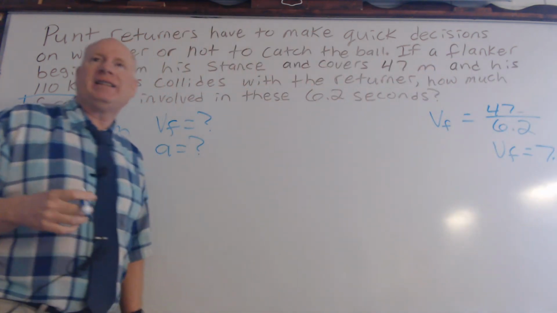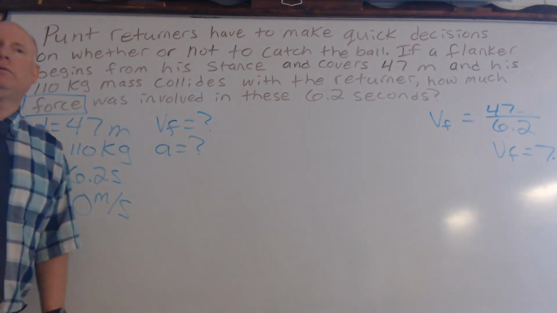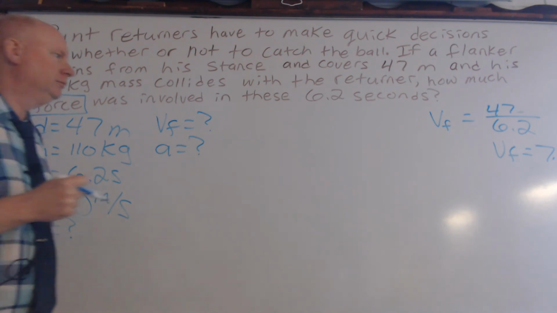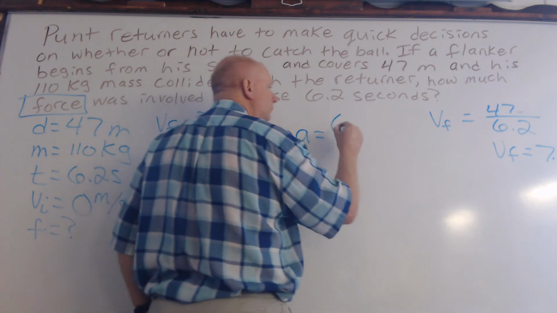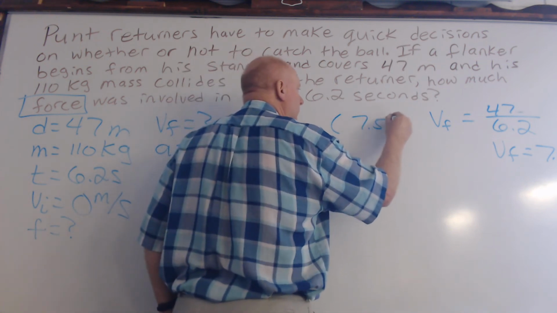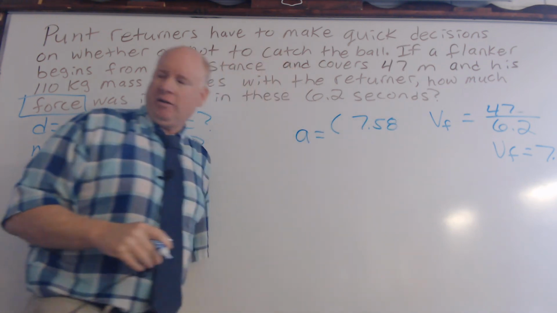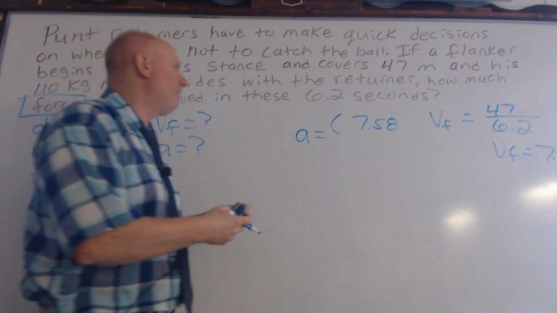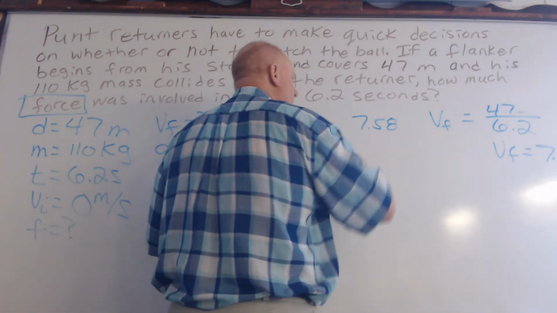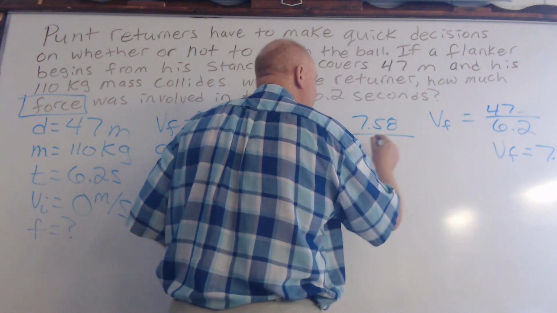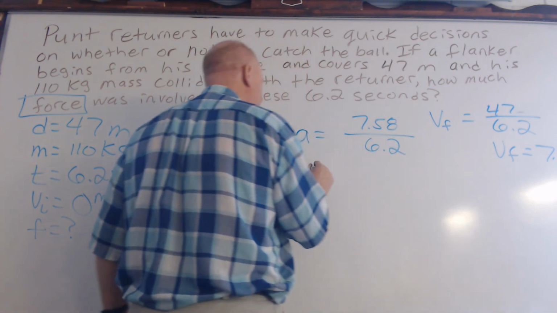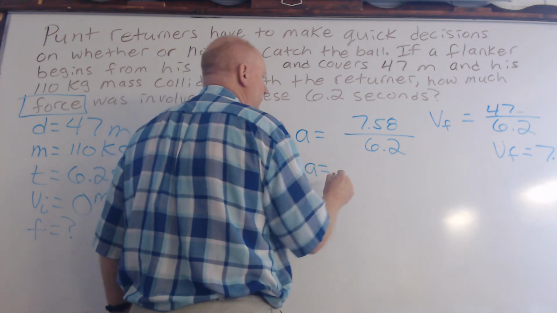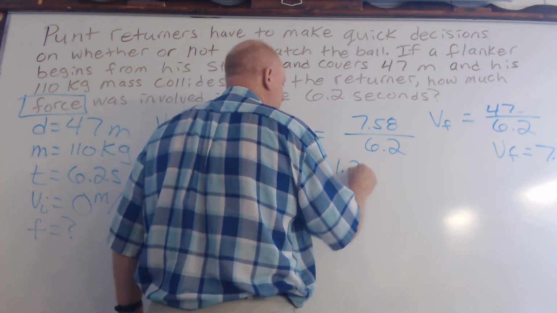So in our next step, it's your final velocity minus initial velocity over time. We don't need to put this in parentheses, do we? Why not? Because anytime you take that away from 0, you're just going to get the same answer. And then over 6.2, and it equals 1.22.